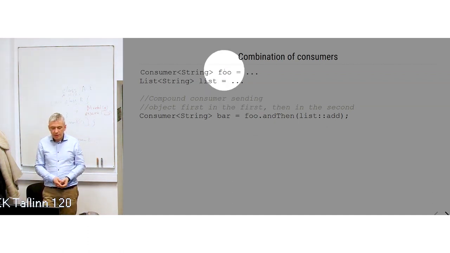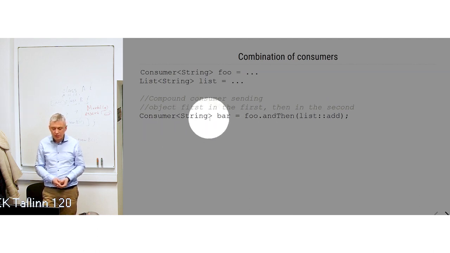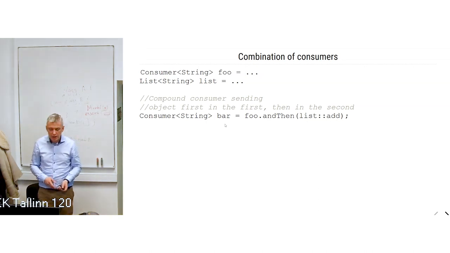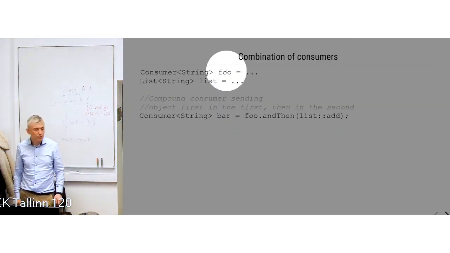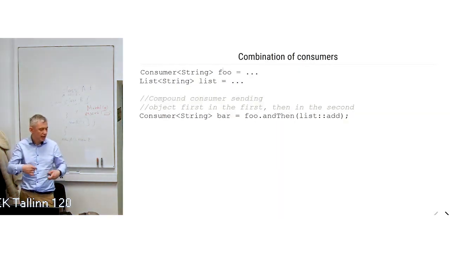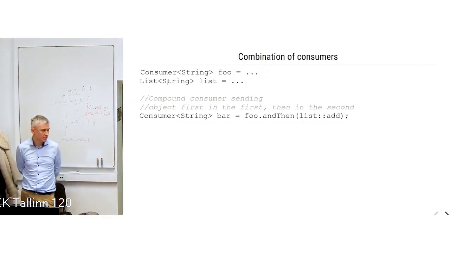See, foo here is a function. Oh, it's a functional interface. foo.andThen is an operation on this function. And what we have here is a functional expression. So what is this consumer of string bar actually doing? It does the following. First, it calls the accept method on foo, and the foo consumer will consume this string. And then this string will be added to some list.